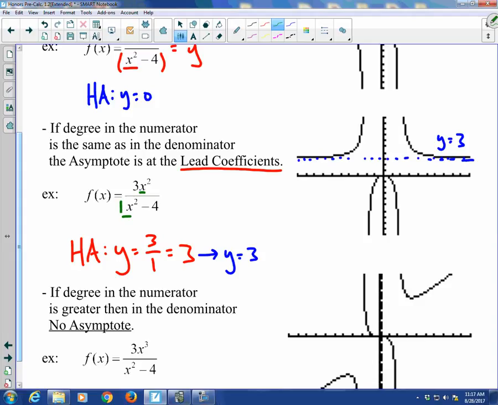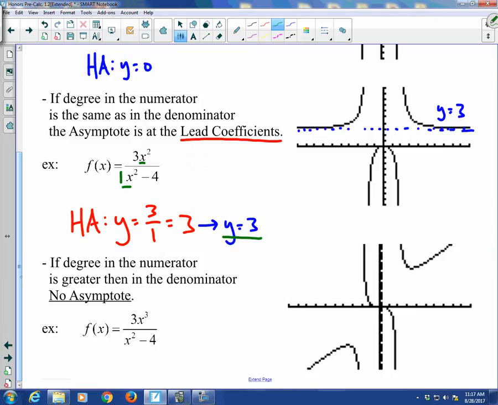So really we're getting closer and closer to 3 times a number divided by 1 times a number. And basically, as x values get larger and larger, we're getting closer and closer to 3 divided by 1, which gives us y values getting closer and closer to 3.